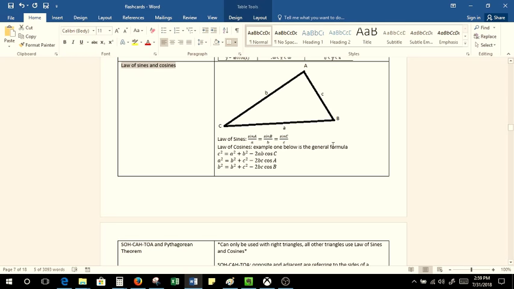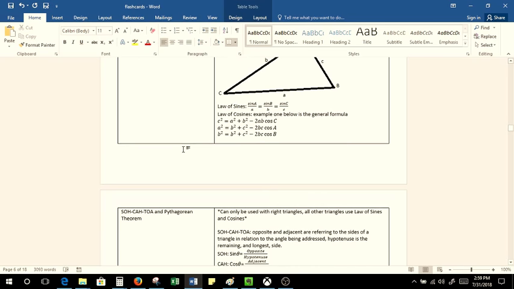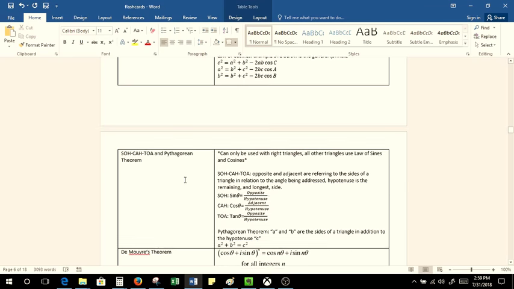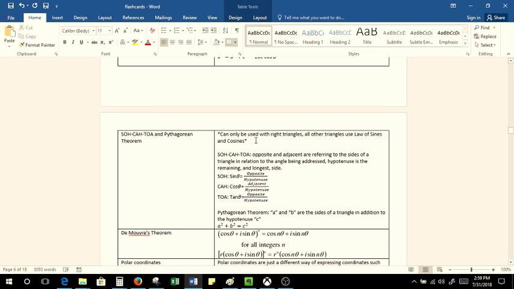So these really aren't that strange of a concept. They're just more versatile in the types of triangles they can address. And then, yeah, just take note of where the capital letters and lowercase letters are when you're taking a look at these formulas. And again, SOHCAHTOA and Pythagorean theorem, these are only for 90-degree triangles.